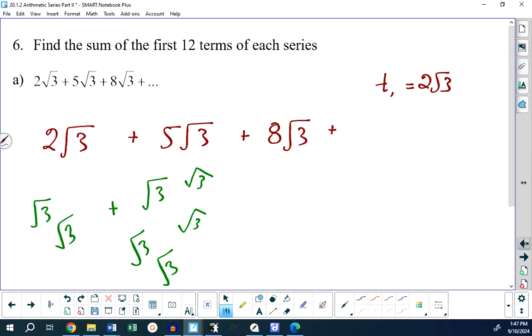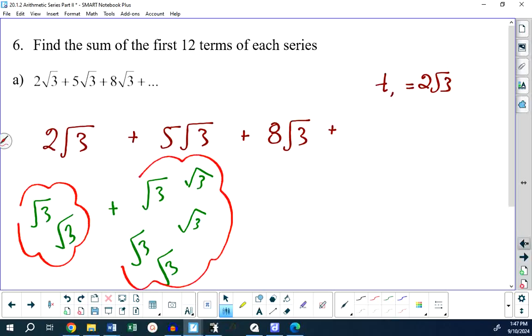What is the common difference? Sukhman? Not 3. What do we add? What do we add to this to turn it into that? We add 3 root 3.